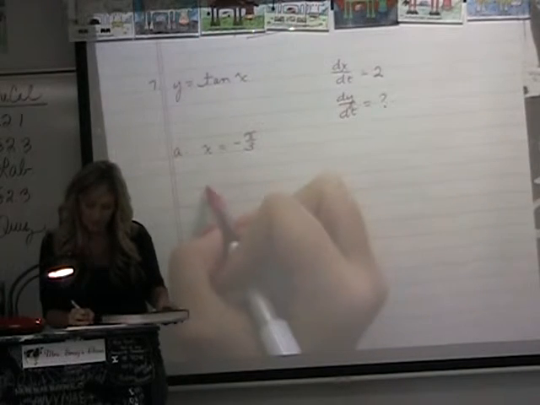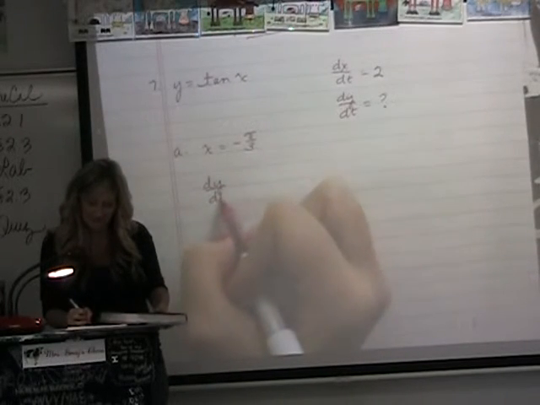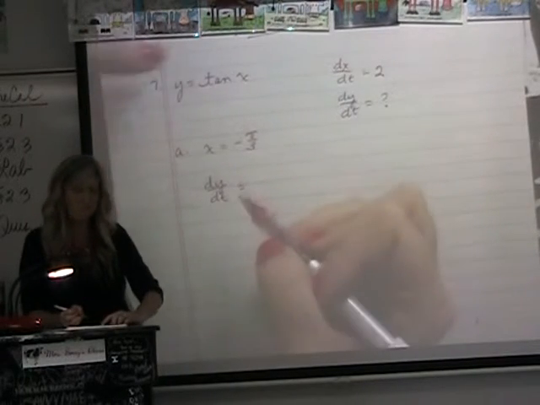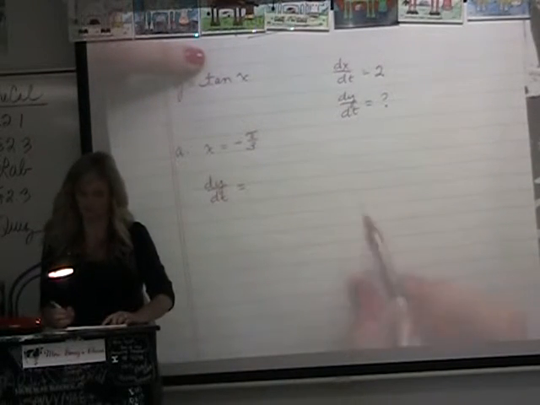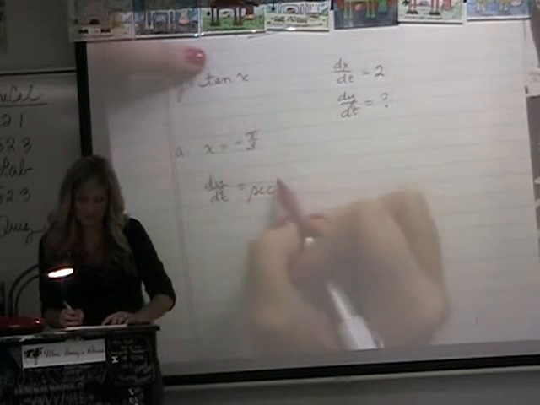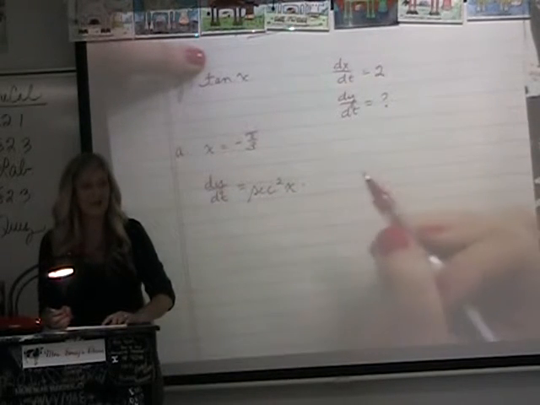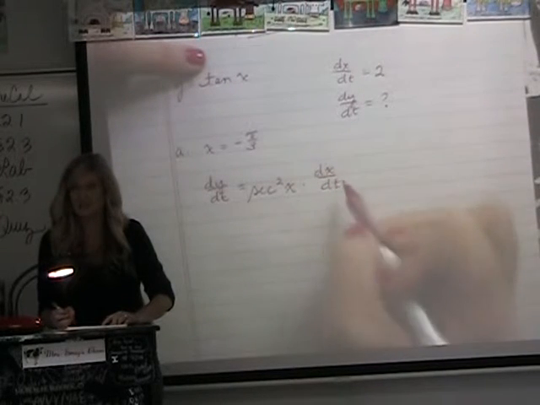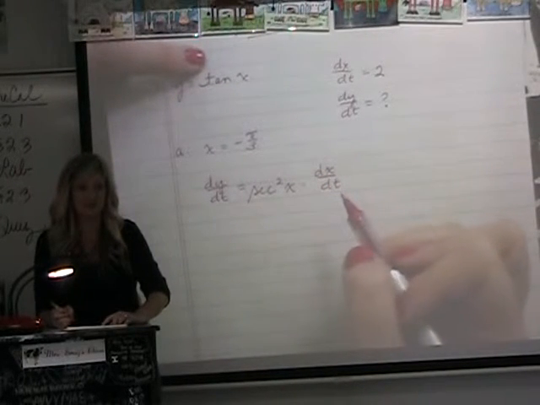All right, so for dy by dt equals, what's the derivative of tangent? Secant squared x, and then we tag on dx by dt, since we're taking the derivative with respect to t.